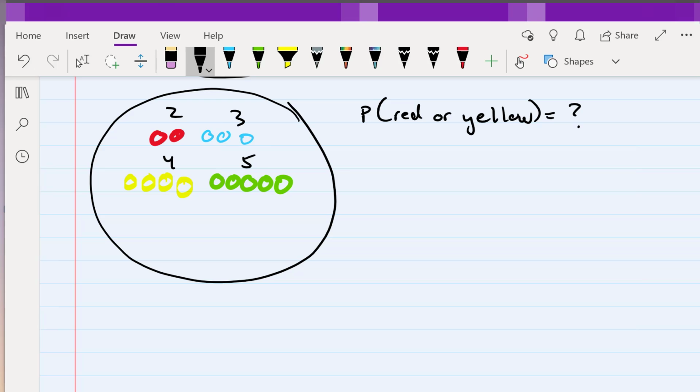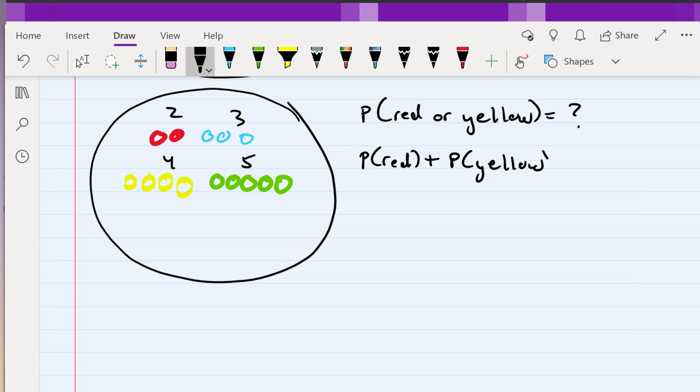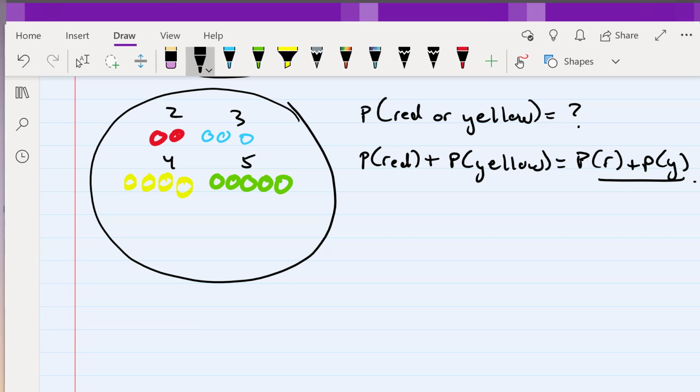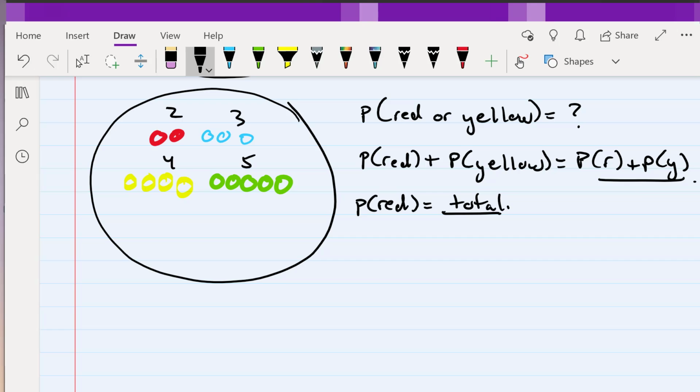Well, the probability of choosing a red or a yellow is the probability of choosing a red plus the probability of choosing a yellow. And we can say P of R plus P of Y for short. In other words, we need to find the probability of red, which is the total number of red divided by the total number of chips.